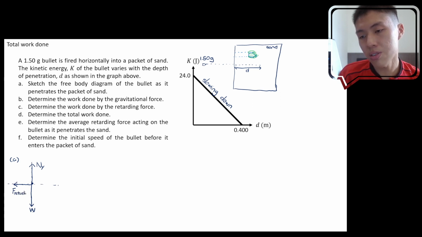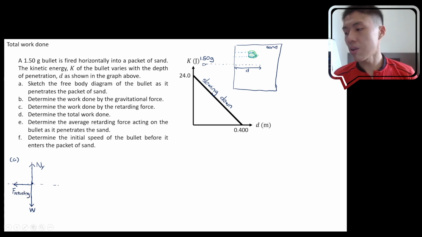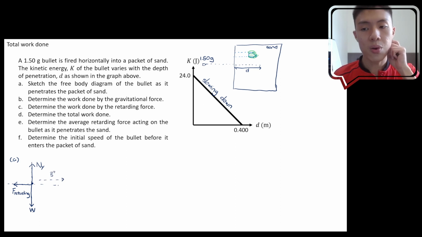So now we have simplified the situation to three forces only, and we can add that the bullet is moving in this direction. Okay, we are done with it already.